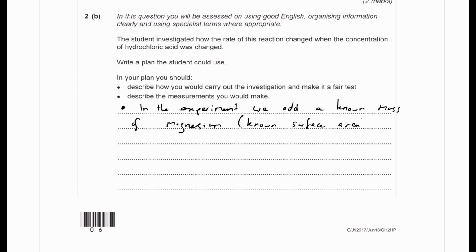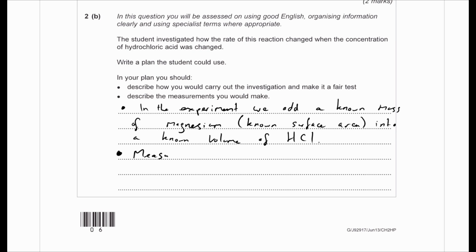Known surface area into a known volume of HCl. Right, and so that's actually a fair few points in one bullet point. So we're going to be adding magnesium into hydrochloric acid. That's 1 point. But the fact that I've said that we know the mass of the magnesium, we know the volume of hydrochloric acid, and the surface area of the magnesium means that I'm taking precautions to make it a fair test.